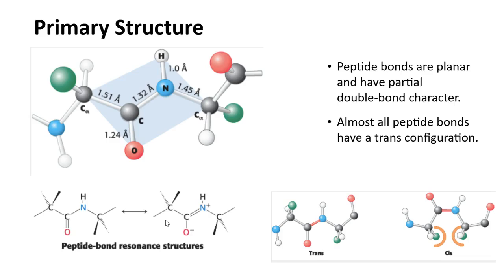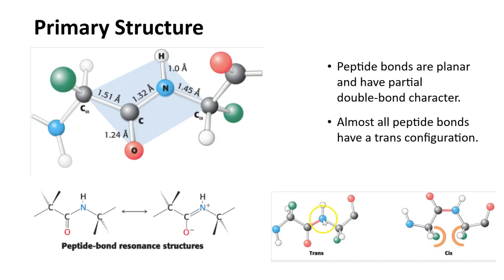And then also almost all peptide bonds have a trans configuration. And so if you once again look at this peptide bond that is highlighted here, this is a carbon bonded to an oxygen, and then you have the nitrogen and the hydrogen. So that is your peptide bond.